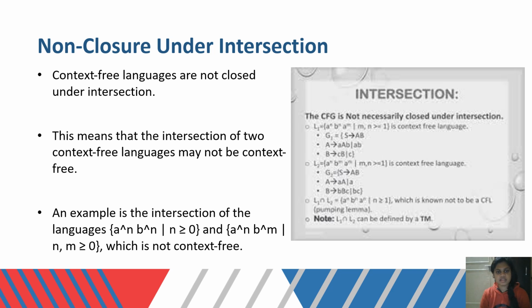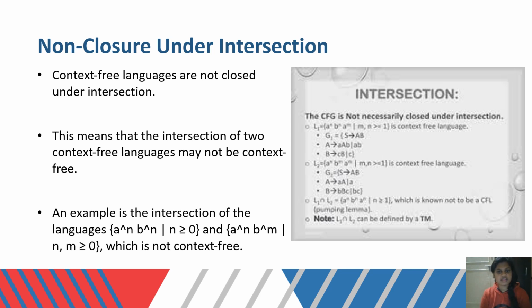An example is the intersection of the language a power n, b power n, where n should be greater than 0. We can take two languages where L1 is the first language and L2 is the second one, which indicates a power n, b power m, where n and m should be greater than 0.